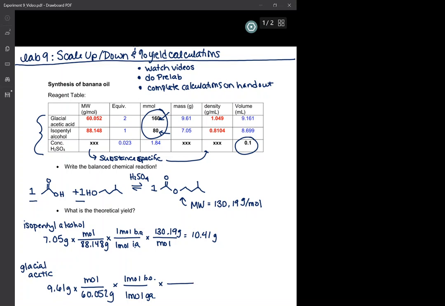We're going to multiply by the molar mass of our banana oil. And if all of the glacial acetic acid was converted to the product, we would be able to produce 20.83 grams. All right. So we look at which one is smaller, and we can see that, like we said before, the isopentyl alcohol is the limiting reagent.